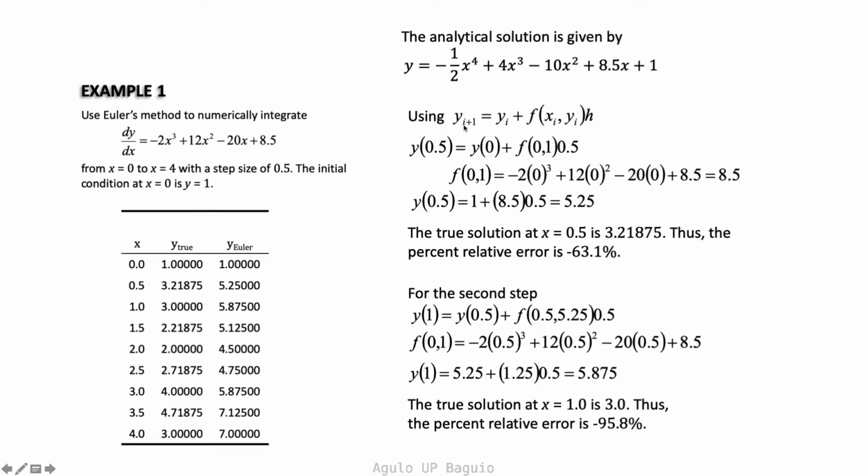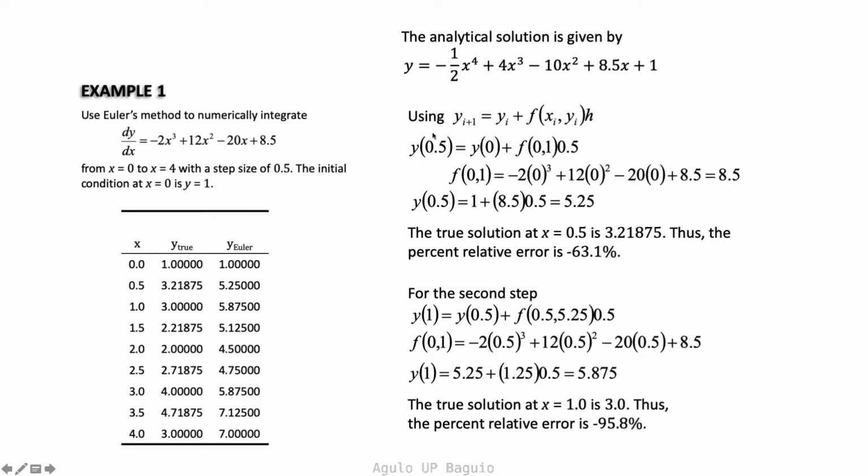So, using this equation, y sub i+1 is equal to y sub i plus f of x sub i, y sub i times h, we can now solve for the next value of y at the next value of x. At x equals 0, y is equal to 1. The next value of x is 0.5. So the question is, what is the value of y at 0.5?